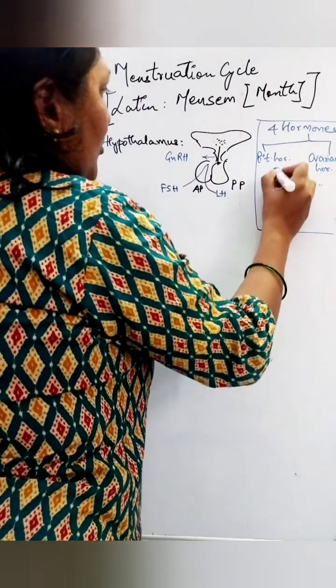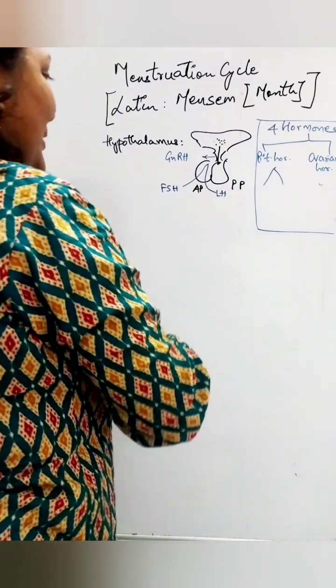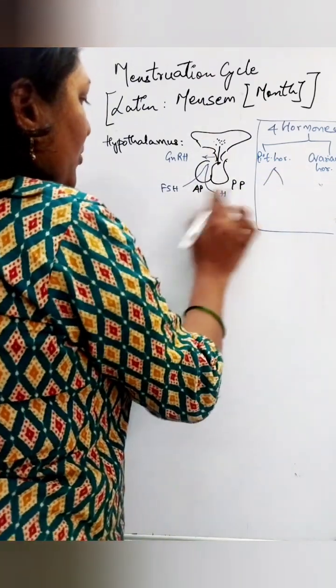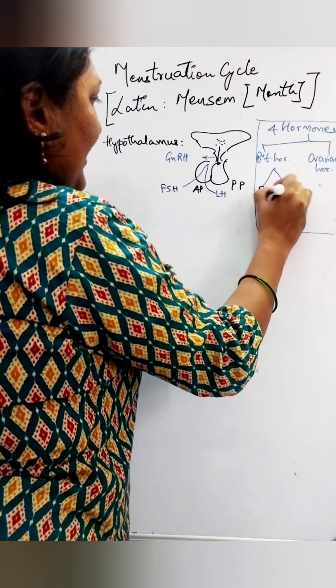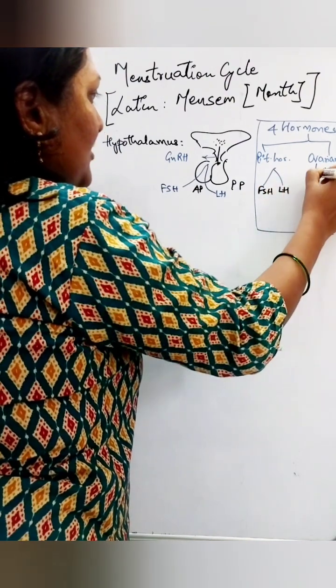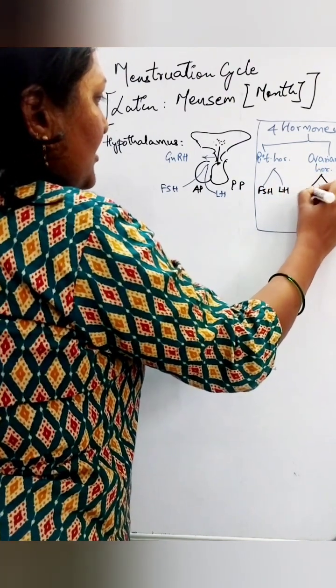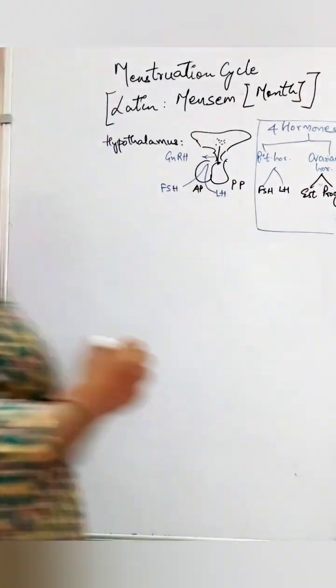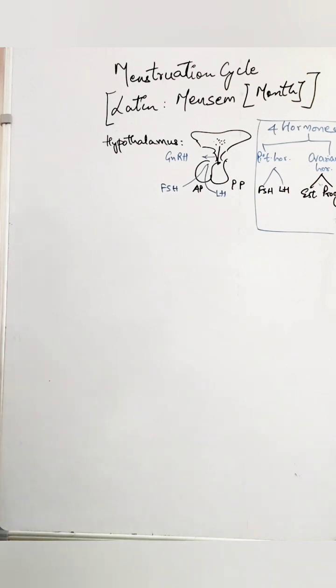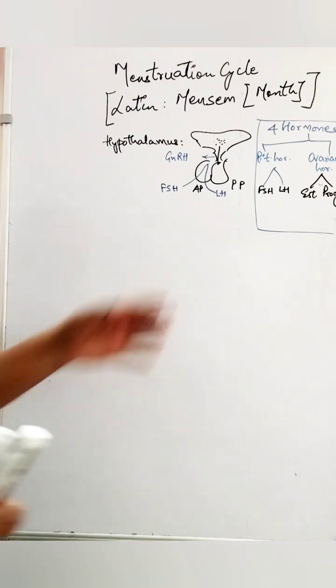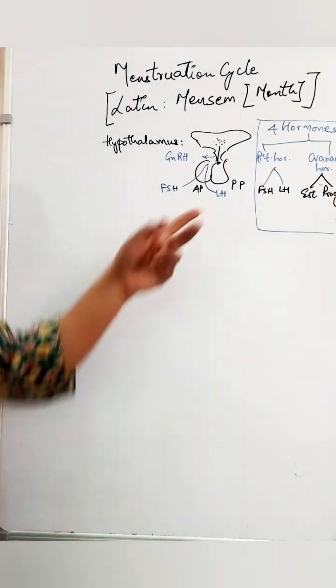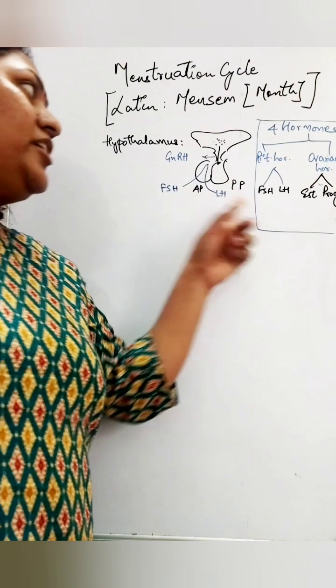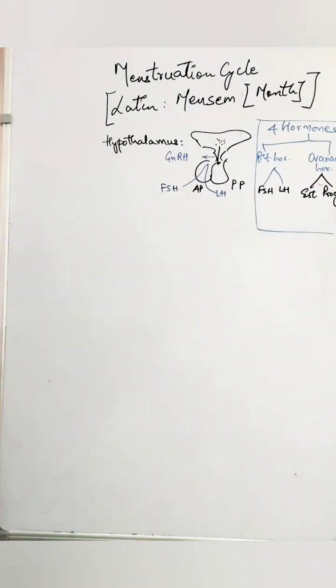The pituitary hormones are FSH, which I just wrote, and LH. Whereas the ovarian hormones are estrogen and progesterone, which the ovaries and follicles will be secreting. The pituitary hormones, FSH and LH, are secreted by the anterior pituitary lobe.